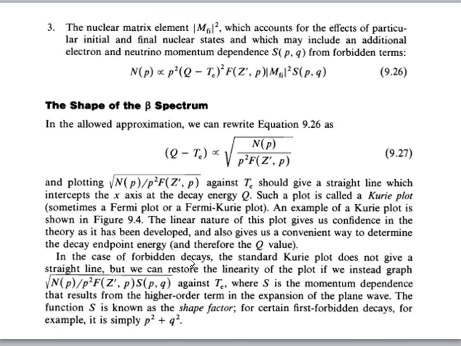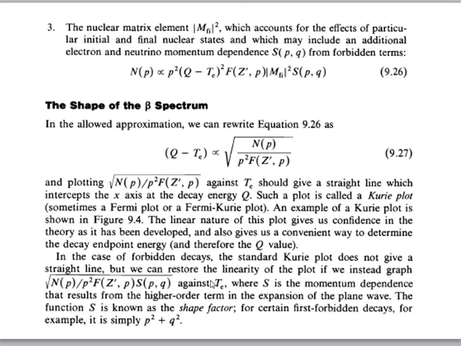This Fermi-Curie plot, the plot between this function and T, will not give a straight line for some spectra. So we can make it linear by introducing a factor, that is S(p, q), a function of p and q. If we include S(p, q) in these terms against T, we will get a straight line.